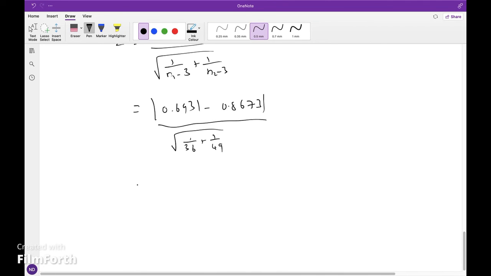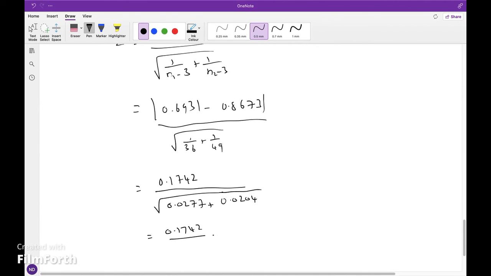So this value is equal to 0.1742 divided by, using the calculator, 1/36 = 0.0277 plus 0.0204, that is 0.1742 by the square root of 0.0481, that is 0.7943.